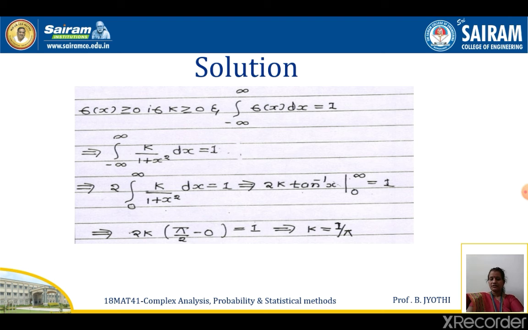We know that tan inverse of x when x tends to infinity will be pi by 2, and tan inverse of 0 is 0. So 2k times pi by 2 is equal to 1, which implies k is 1 by pi.